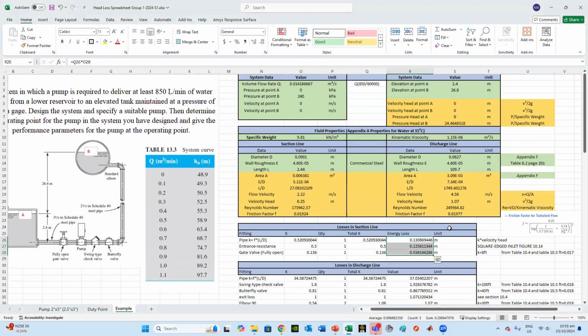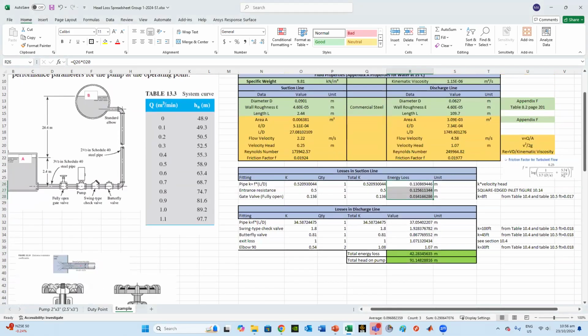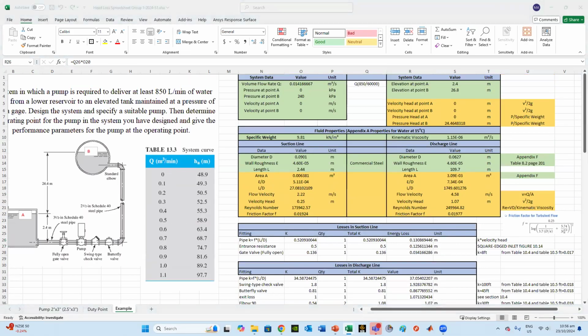So the elevation where you're trying to transfer it from one point to another point, you need to ensure your elevation is going correctly.